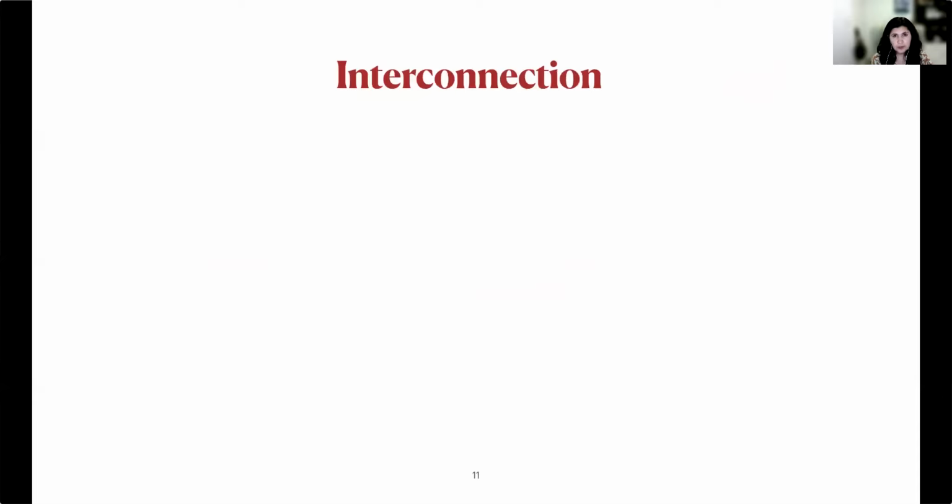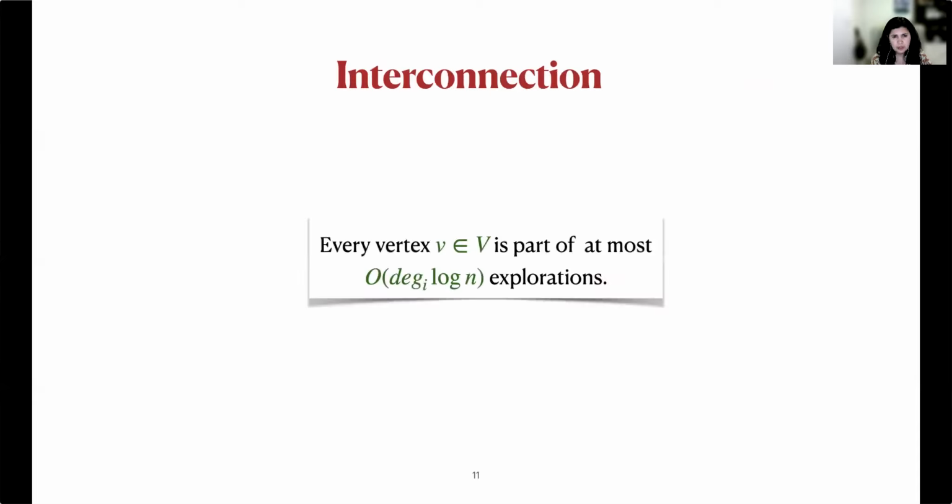Now, during the interconnection, if the stream was simply static or insertion only, with no deletions, then we can use the following fact to our advantage. It is that every vertex v in V is part of at most order deg I log n distance explorations during the interconnection. Now, this is a byproduct of preceding every interconnection step by a superclustering step.